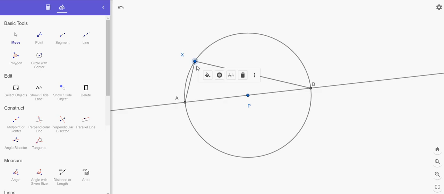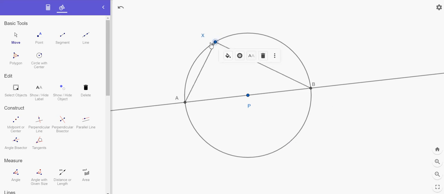One of the neatest consequences of the inscribed angle theorem is this situation right here. So notice AB is a diameter of the circle. X is an inscribed angle whose arc is this semicircle right here, which is cut off by this diameter.